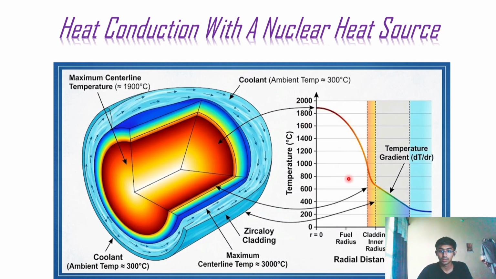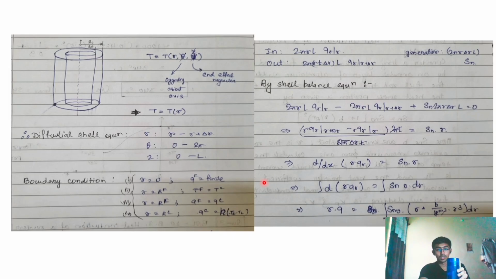We will come to this later. Suppose this is a cylindrical coordinate system, a cylinder is given, and there is a radius, like what we discussed, and the theta, this circular structure, and the length. RF is the fuel radius and RC is the cladding radius.